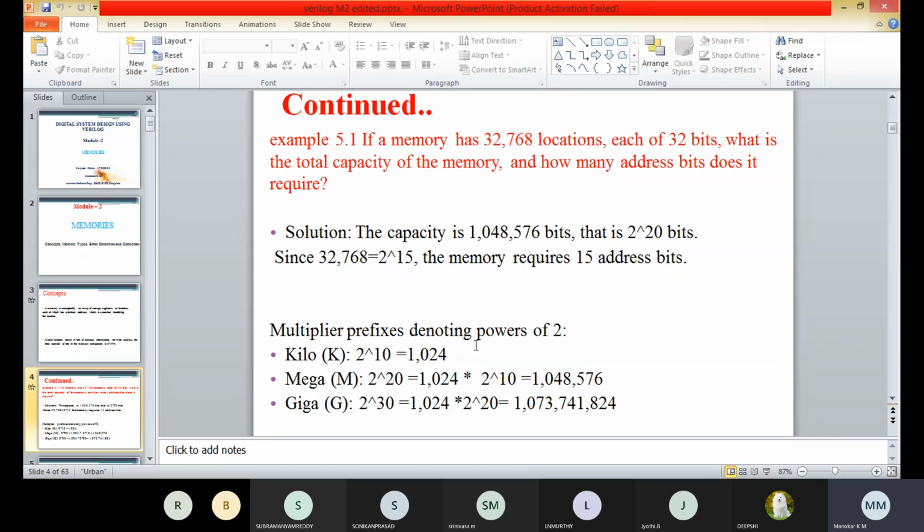Here the capacity is 1048576 bits, that is 2 power 20 bits. Since 2 power 15 is equal to 32768, the memory requires 15 address lines.